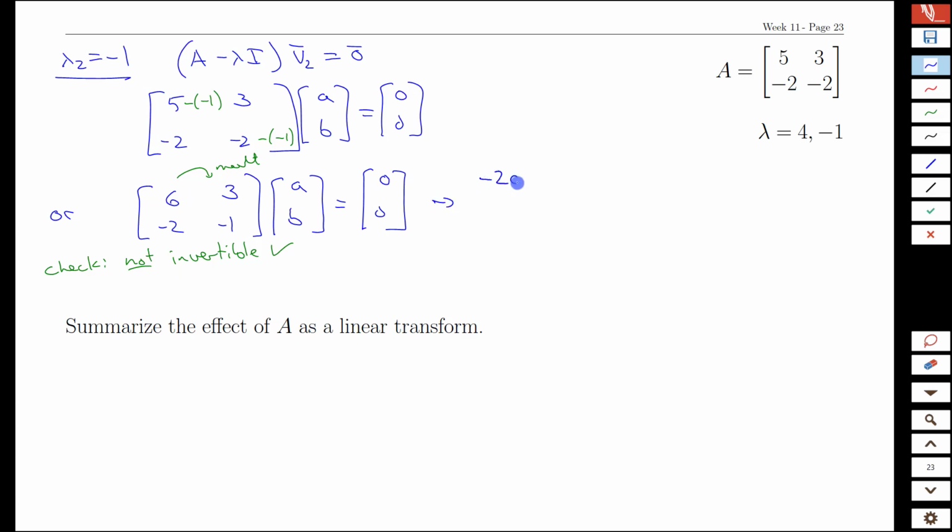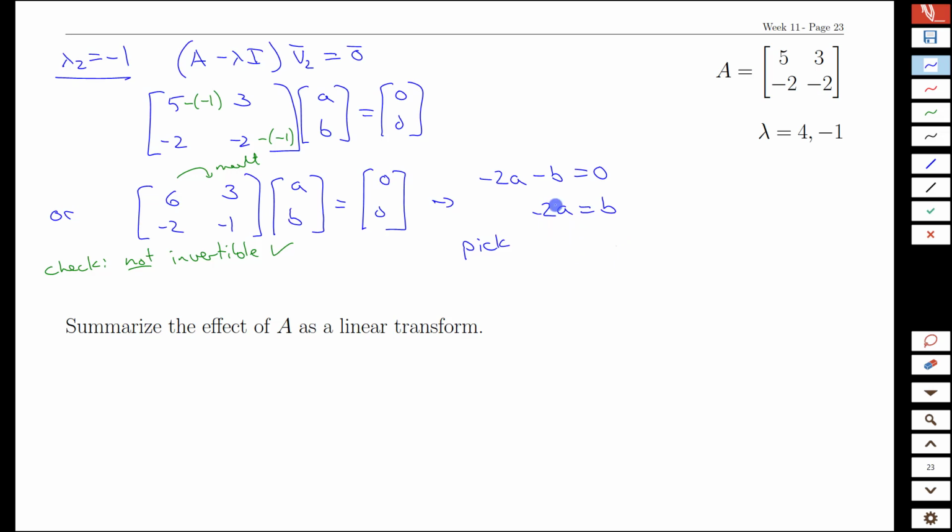Let's go minus 2a minus b equals 0. And so let's bring the b over. Negative 2a. Again, there will be an infinite number of solutions for this vector, but they'll all be multiples of each other. So you just pick some value. Let's pick b equal to 1. If we do that, then, actually, what am I doing?